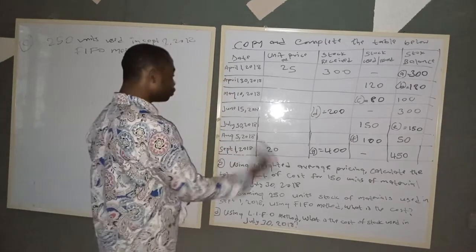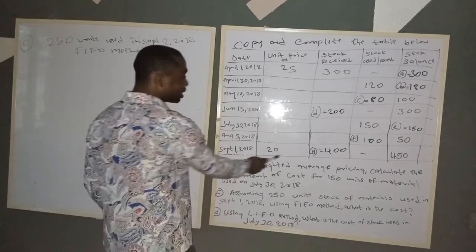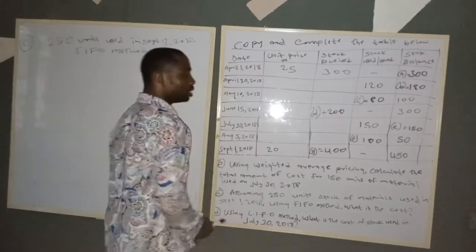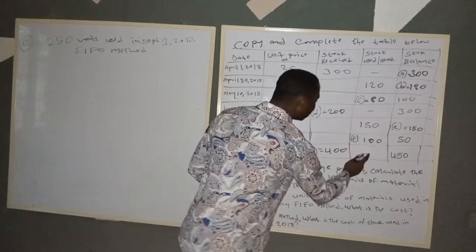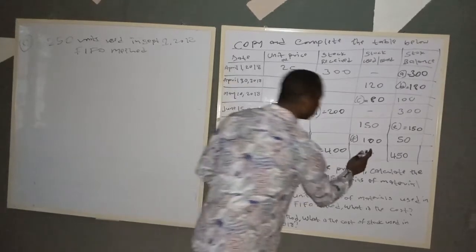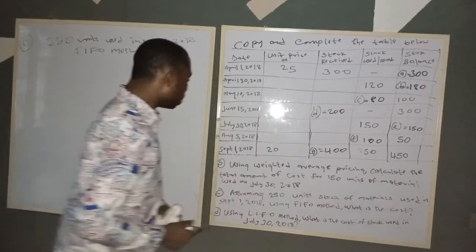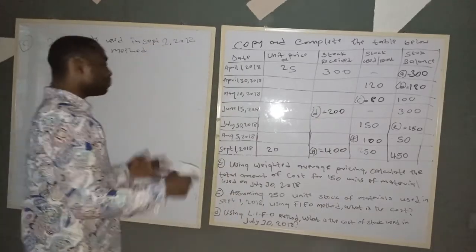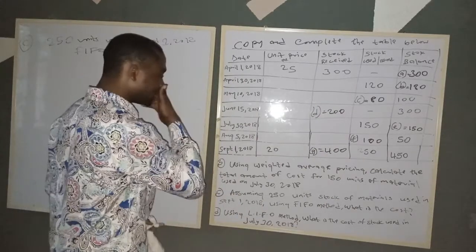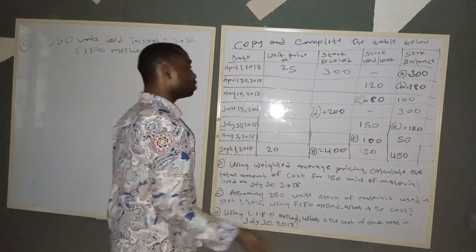Now, they did not use it from the table. They now say assuming here they use 250, using FIFO method, first in first out. So what is going to be the cost?